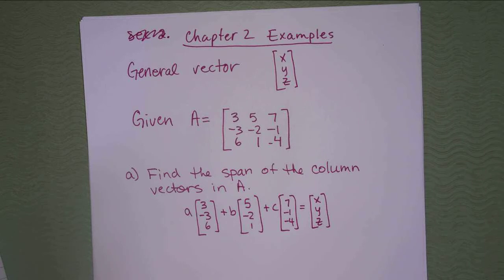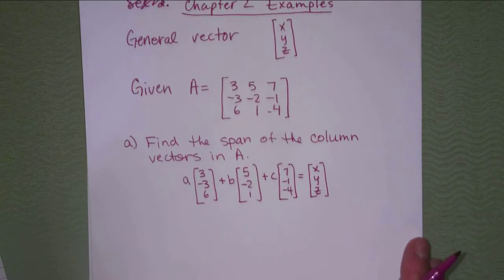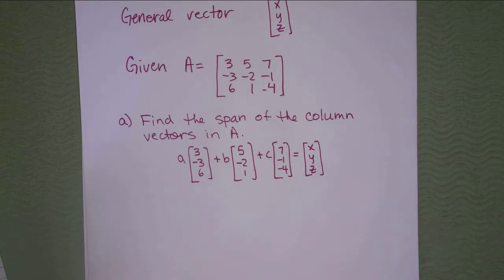So when we're looking for the span, it's saying, can I put any x, y, z in here and it gives me an answer? That would mean that it spans R3. That means any vector. So what we're going to do is find whether or not this spans all of R3, or if it spans some smaller subset of R3 with some formula.